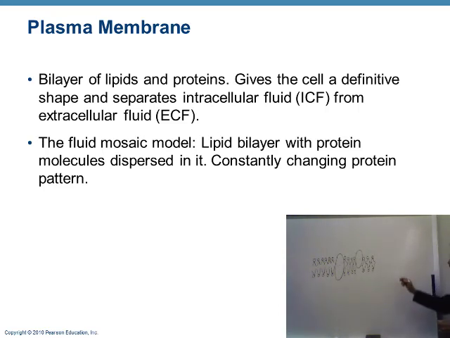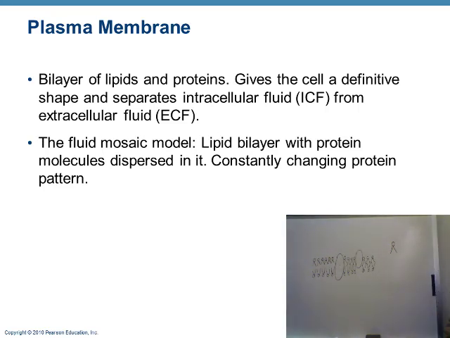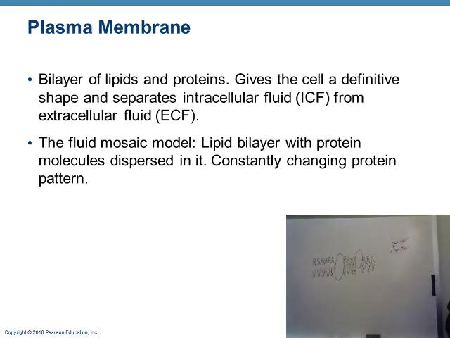Now, if you see one phospholipid unit or molecule, it looks like this. This is called the head part of the phospholipid, and these are the tail. So a phospholipid molecule has two parts, a head part and a tail part.